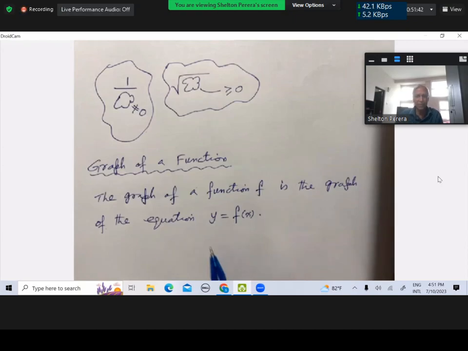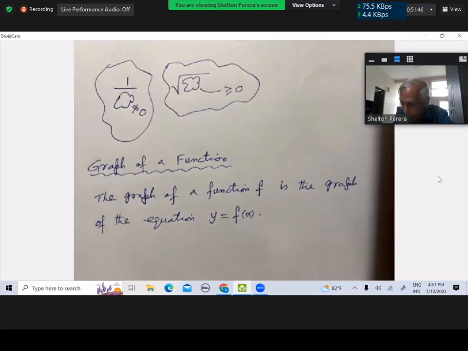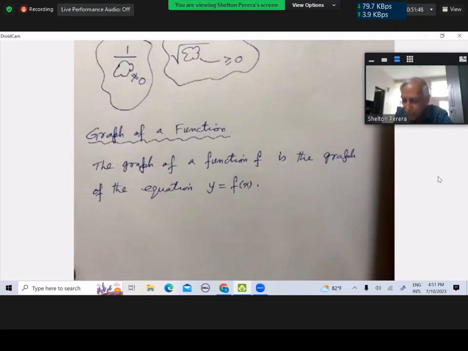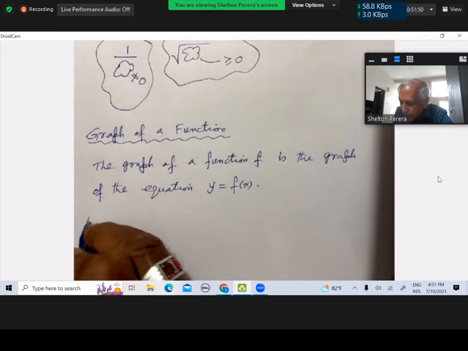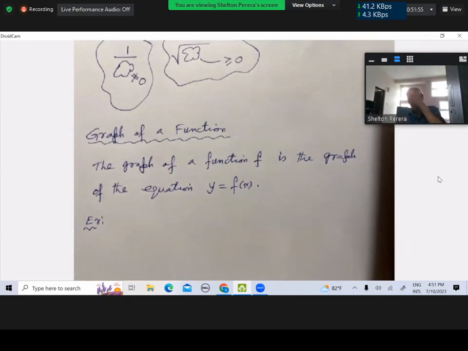Graph of the equation y equals f of x. You might not understand when you read it in English. Let us do an example, then everything will be clear.